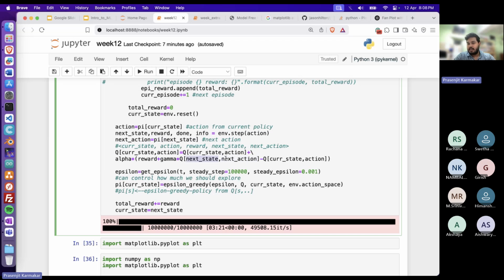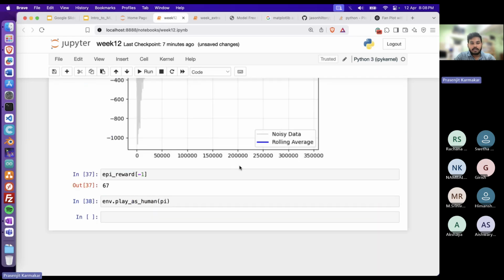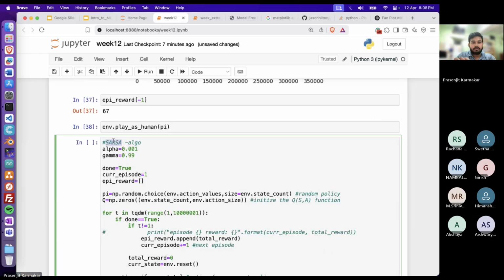Here, instead, I want to take the entire Q function for that state and take the max. Oh, sorry, let's not change this. Just copy it, paste it below. Yeah, this is Q-learning.